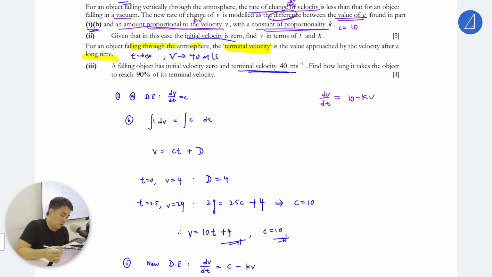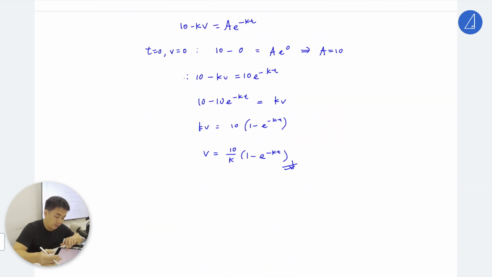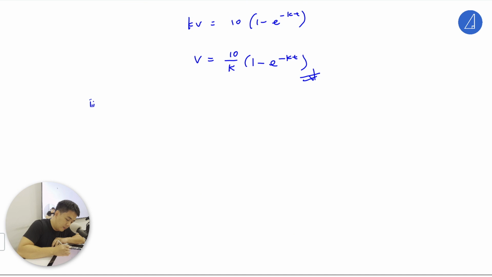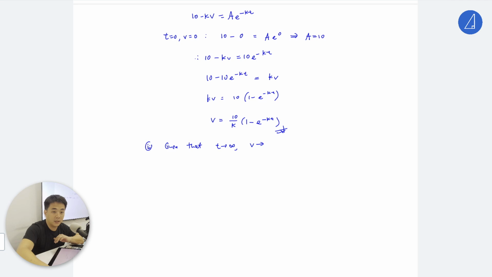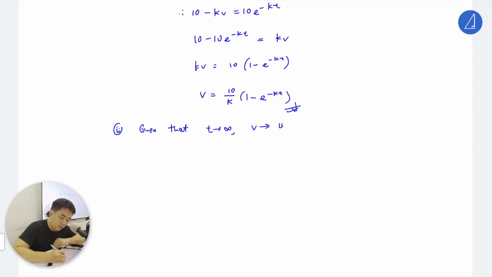Find how long it takes to reach 90% of its terminal velocity. That's the question. So essentially, we write it down. Given that as t goes to infinity, we know that v will tend to 40 meters per second.